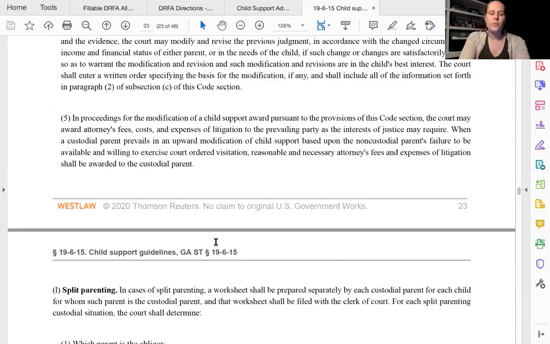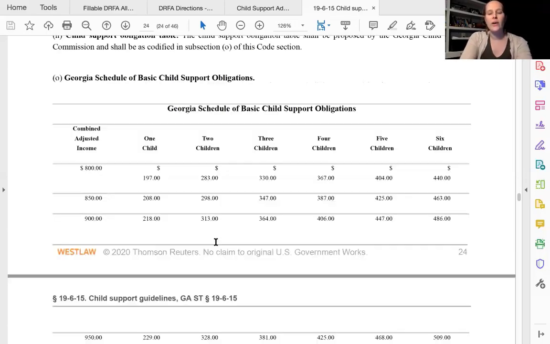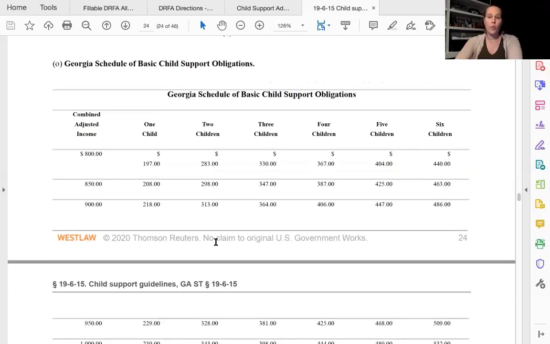And so the way that you calculate child support, the way that the child support worksheet online does it for us, is if you know the combined income of the parties. If we, for example, say that the mother makes $400 per month and the father makes $400 per month, their combined adjusted income is this $800 right here.